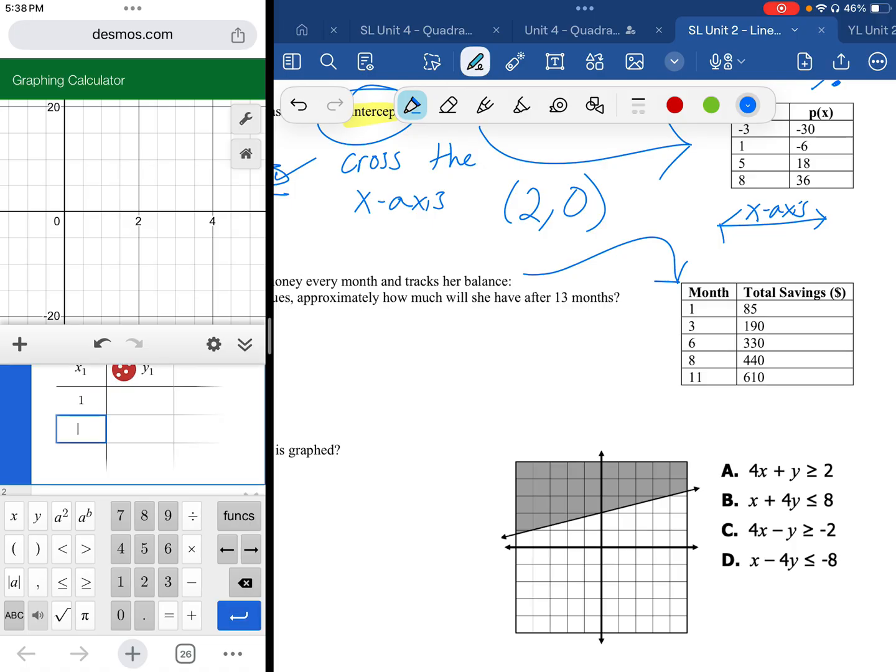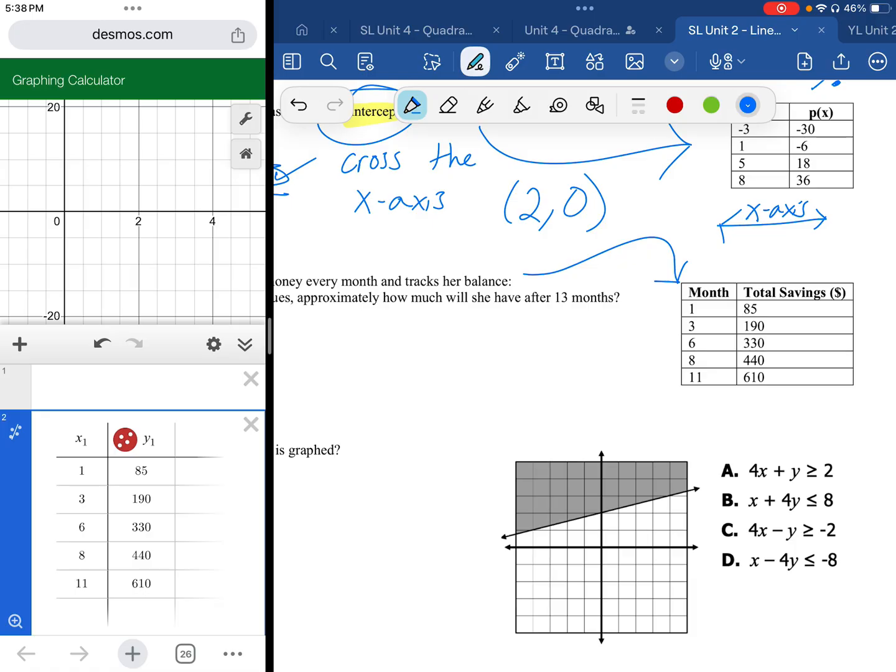So 1, 3, 6, 8, and 11. And at 1 month, she has $85. At 3 months, she has $190. At 6 months, she has $330. And at 8 months, she has $440. And 11 months, 610.